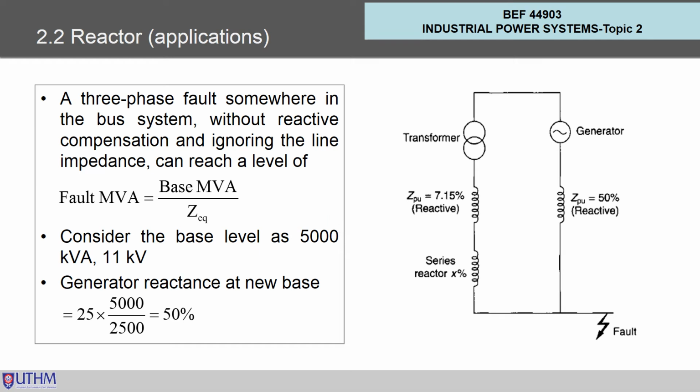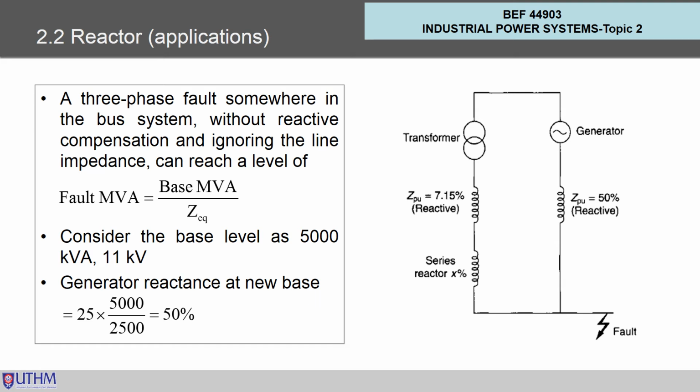For the transformer, the MVA is 5000, so the value is the same as the new base of 5000. Then for the generator reactance at the new base, we know that our new base is 5000 and the existing value of MVA for the generator is 2500.